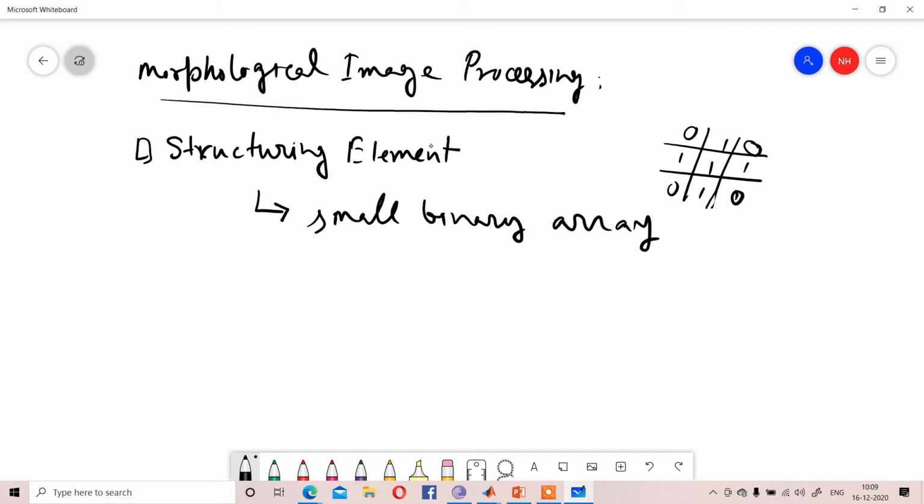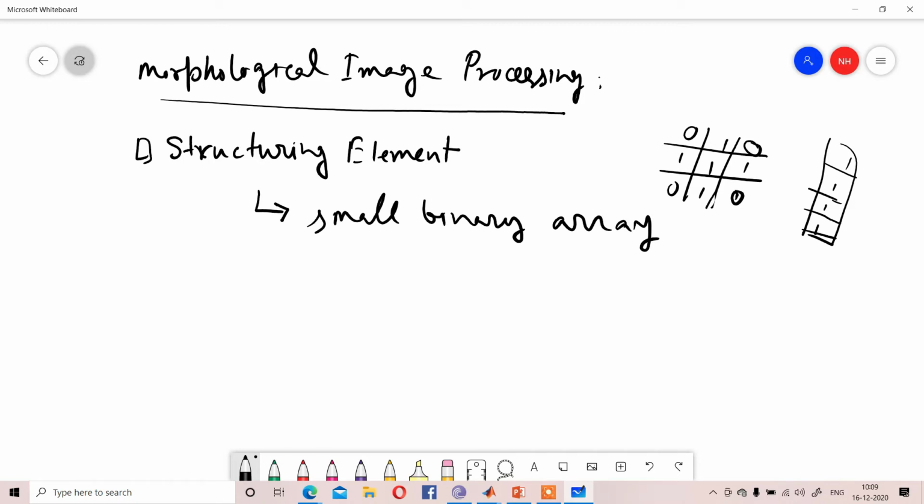It may be like that. Any structure defined by a binary array is called the structuring element.